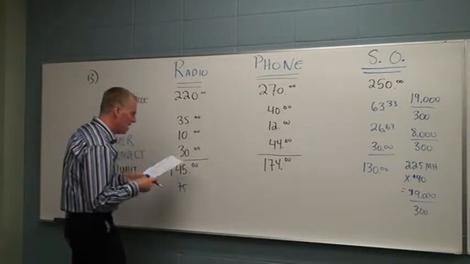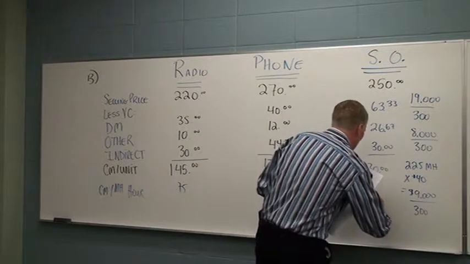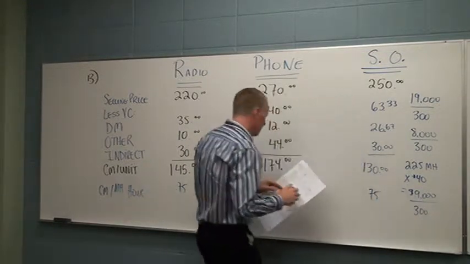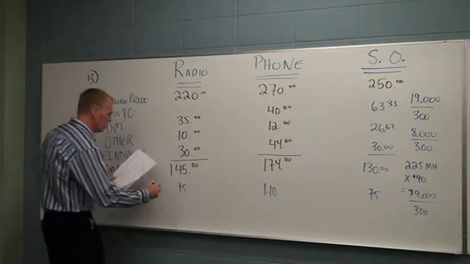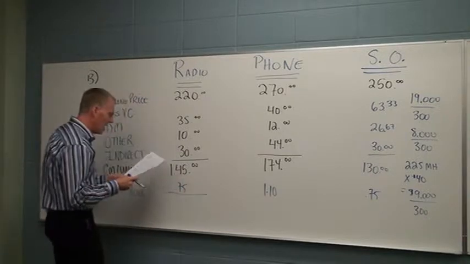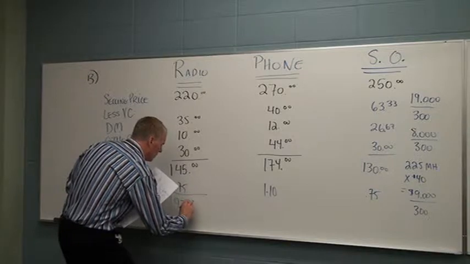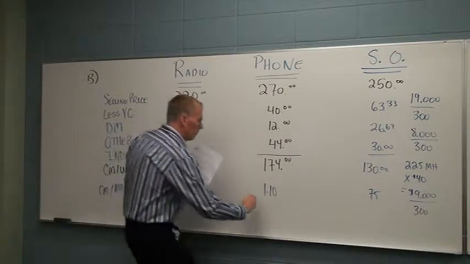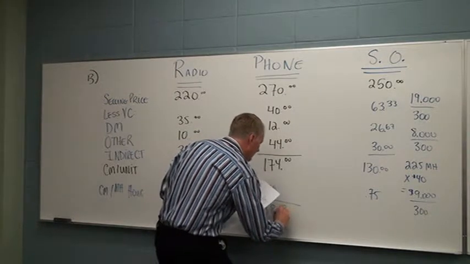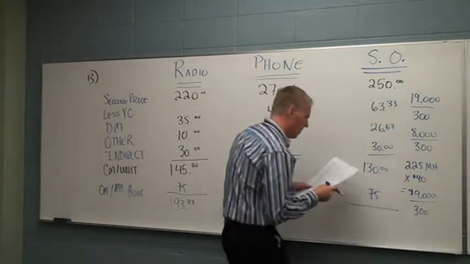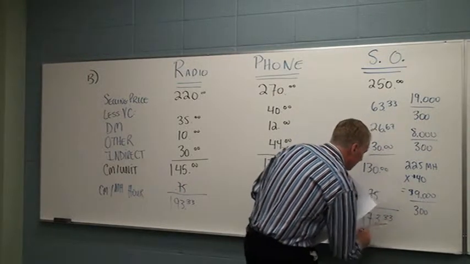So 0.75, 1.10, and 0.75. And what you will see now is our contribution margin per machine hour: 193.33, 158.18, 173.33.